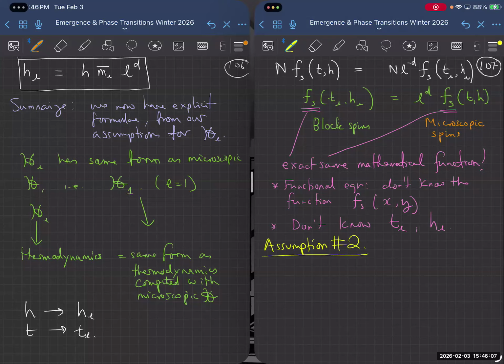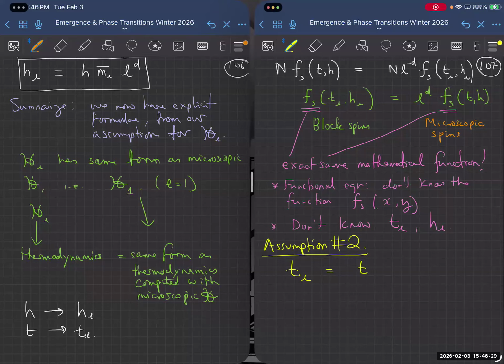This was Kadanoff's assumption. He said, near the critical point, all the thermodynamics and the correlation lengths and things like this, everything is growing as a power law. So I'm going to assume, without justification, that T_L also behaves like a power law.